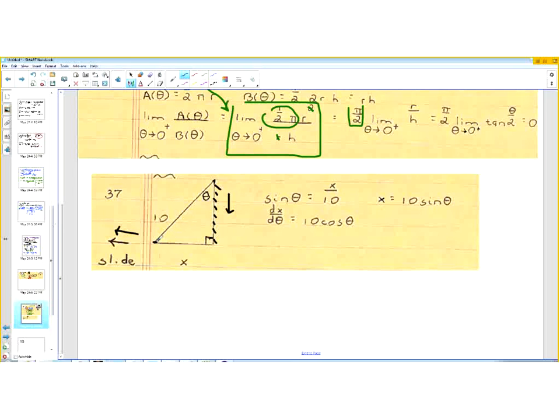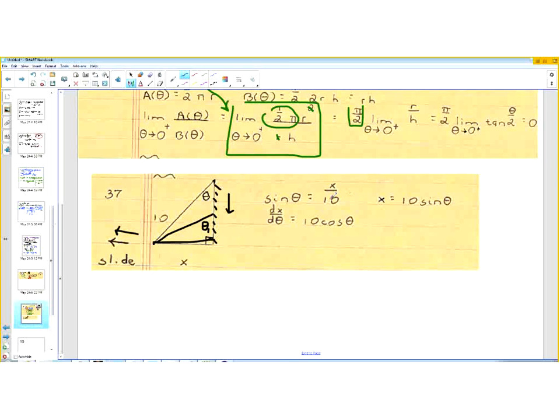So as the ladder slides down, theta changes, okay? Eventually theta will go to 0, right? So what is the change in position of the foot of the ladder with respect to the change of theta? Well, we know that the foot of the ladder starts out at x feet from the wall, okay? So at any particular point in time, the sine of theta is equal to the opposite over the length of the ladder.